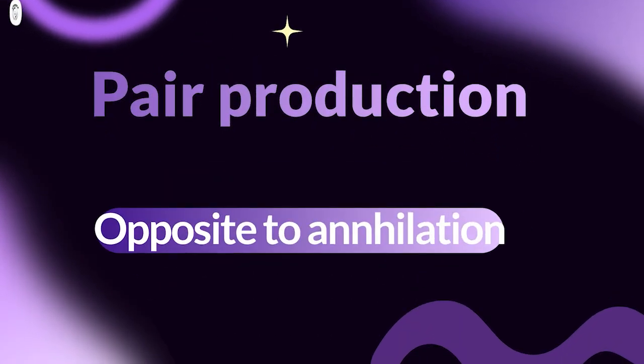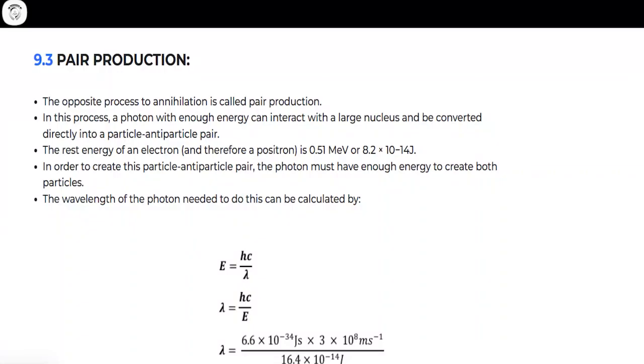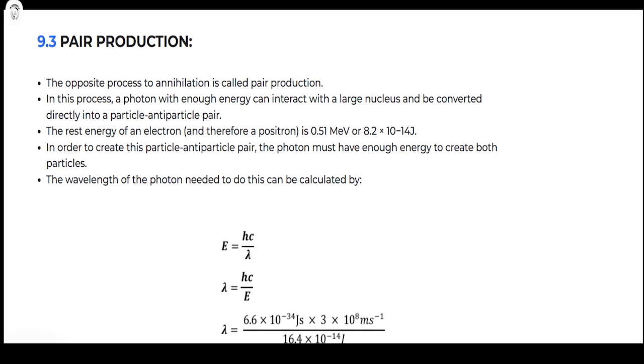The last one is called pair production. What is pair production? Pair production is a concept which is just the opposite of annihilation, which we have studied just now. In annihilation, there was a particle and antiparticle interaction giving out two photons. But in pair production, we have a photon with enough energy which can interact with a large nucleus, and then it will be converted into a particle and antiparticle pair.